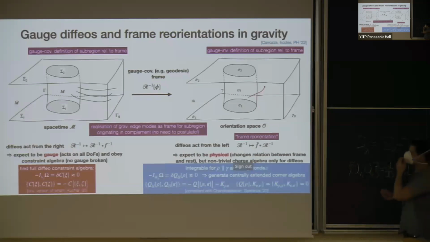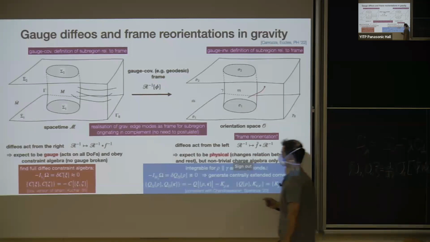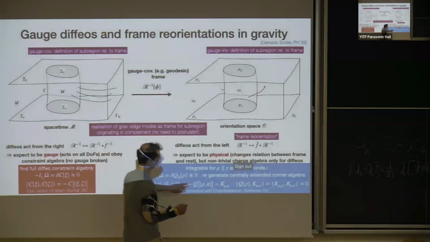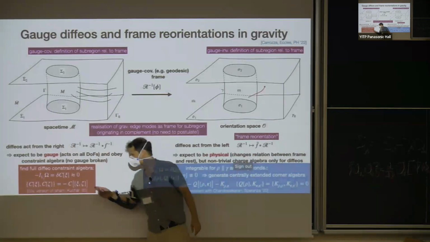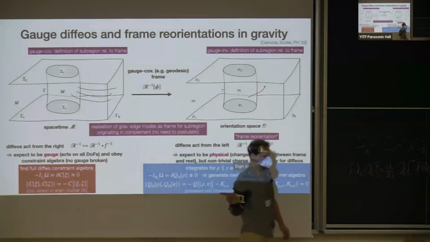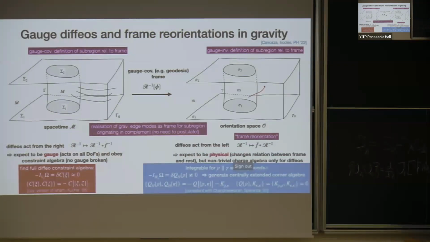We have these space-time diffeomorphisms and the orientation space diffeomorphisms, and they have different actions, whether they act from the right or the left. The ones that act from the left are space-time diffeos, and when you contract them into this presymplectic structure, they just give you the usual constraint algebra, so really a consistent representation of the algebra of space-time vector fields on your phase space.